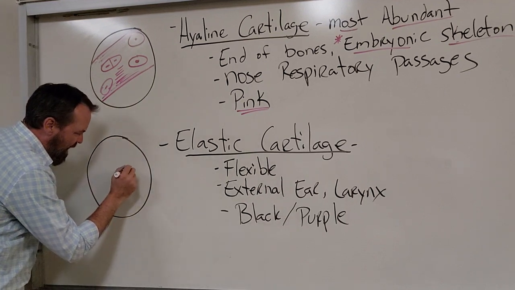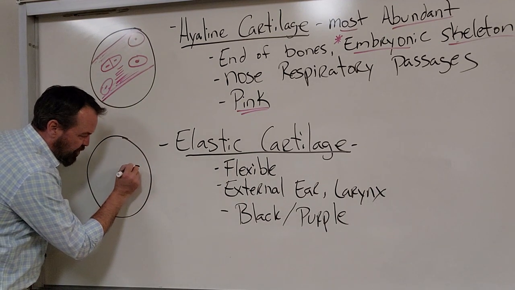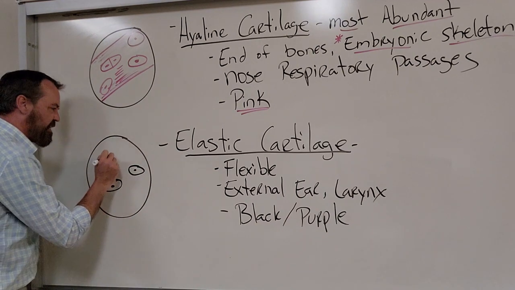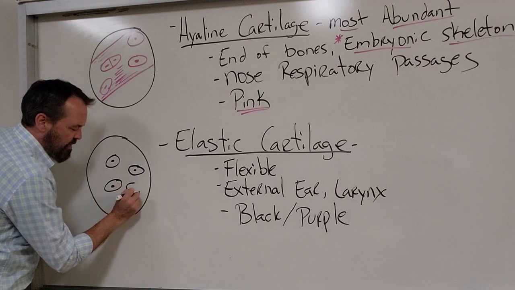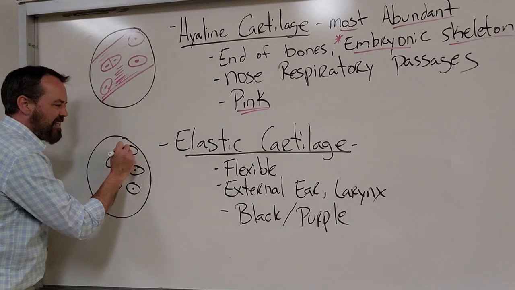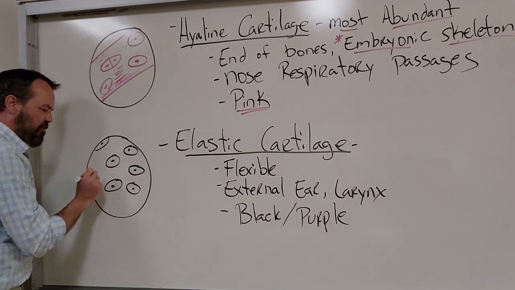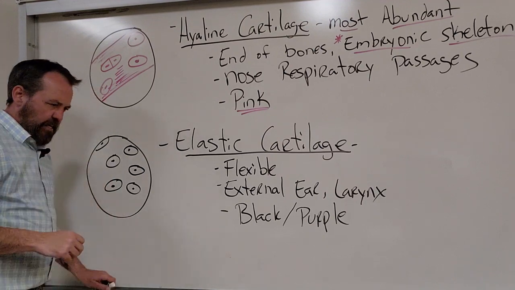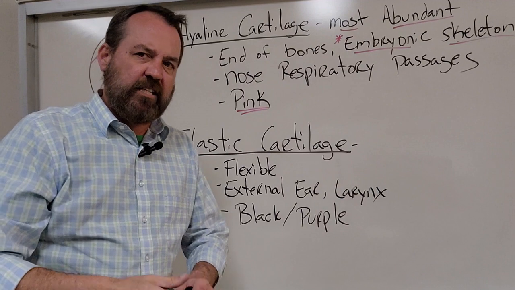So again, with my elastic cartilage, we get our chondrocytes. So there's a chondrocyte. We'll do another chondrocyte over here and another one. And this was very similar to bone in that we get that same kind of starburst pattern, but in much less of a length to that pattern.